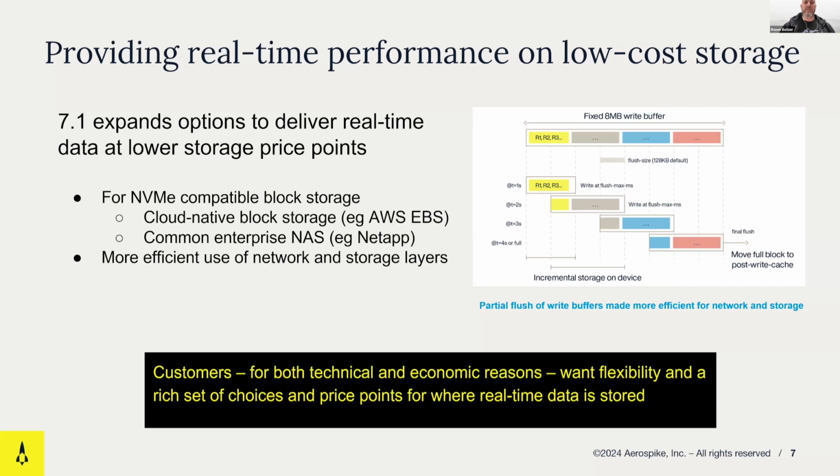So the new design basically says instead of having a configurable write block, we're just going to pin it to the maximum size, which is 8 megabytes. And we're going to write in these consistent sized flush size configuration. So let's say the flush size is 128K.